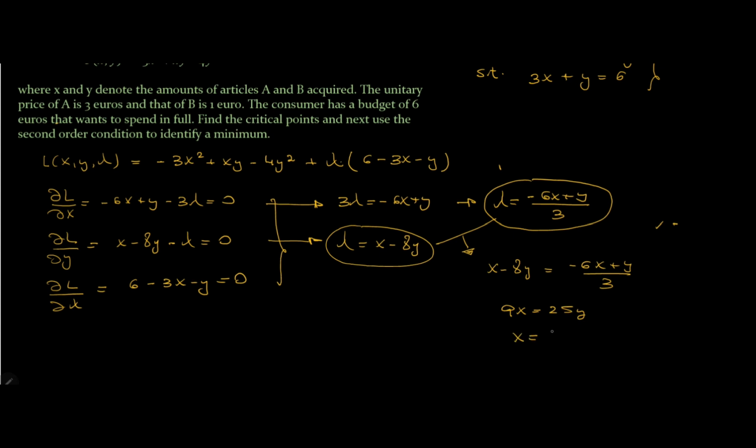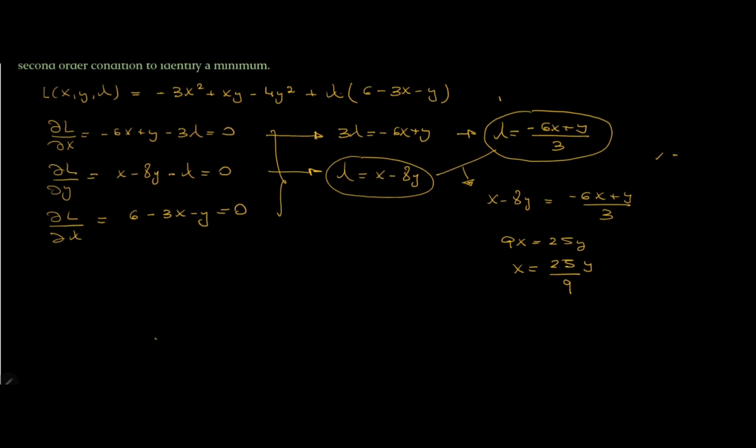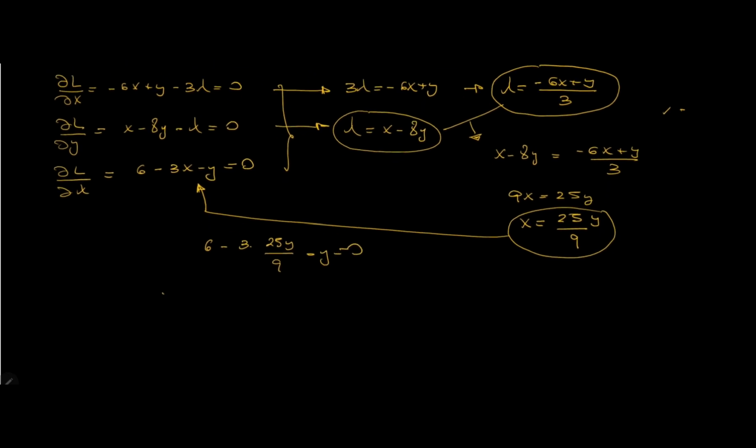So x equals 25y divided by 9. And I have that expression for x, and I move to the third equation. I do the substitution, and I get 6 minus 3 times 25y divided by 9 minus y equals 0.